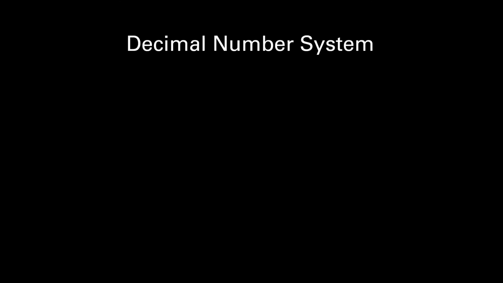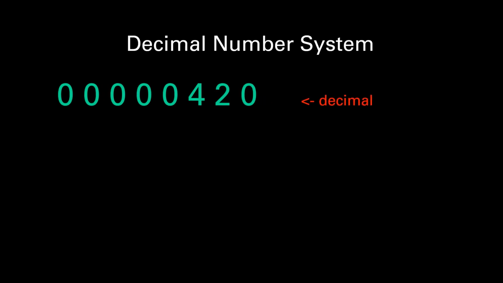But anyway, the normal maths system that we are most familiar with uses what's called the decimal number system. You have a string of characters, and these characters can be from 0 to 9. The numbers go up from 0, 1, 2, 3, 4, 5, 6, 7, 8, 9.